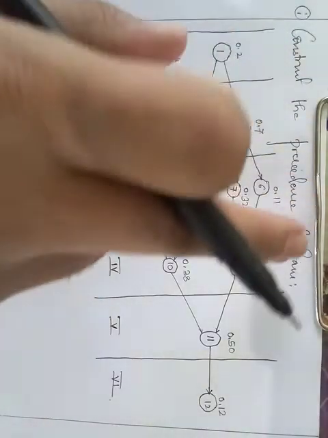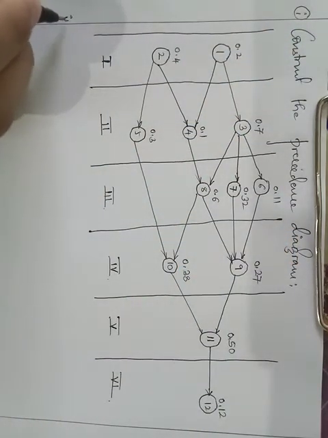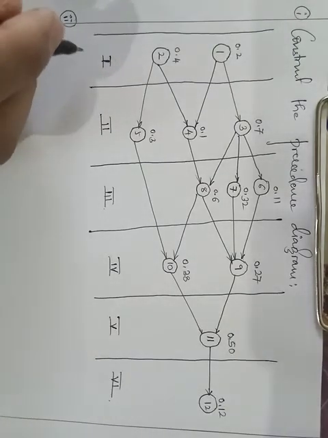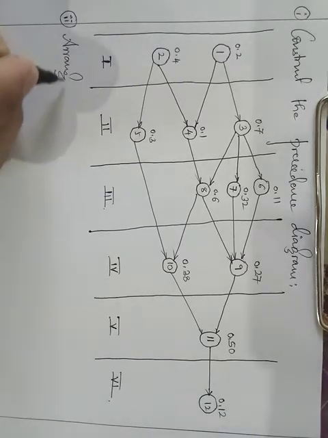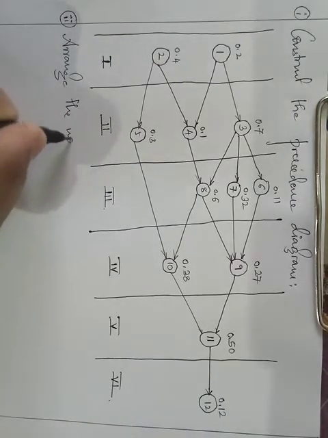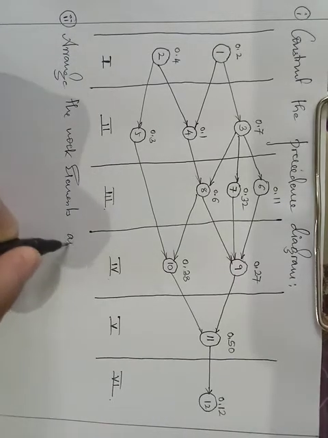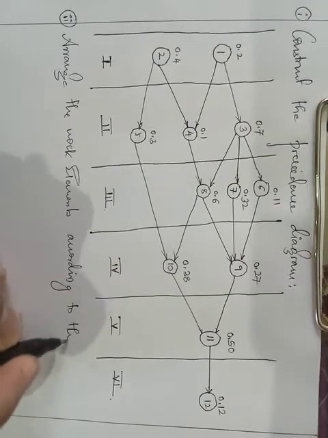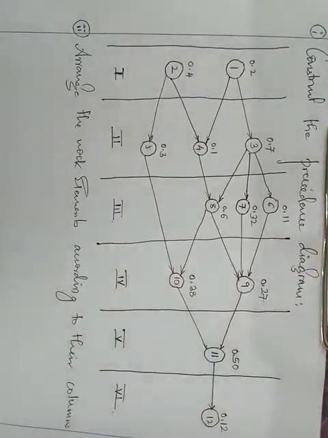So while constructing the precedence diagram, this is the first part. Next, to complete the problem, the second step is to arrange the work elements according to their columns. Right?